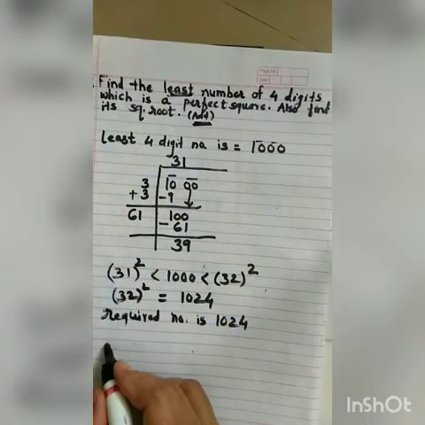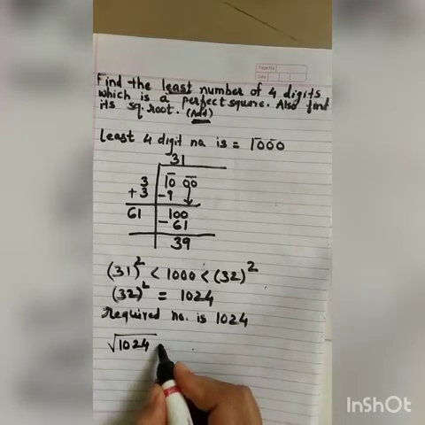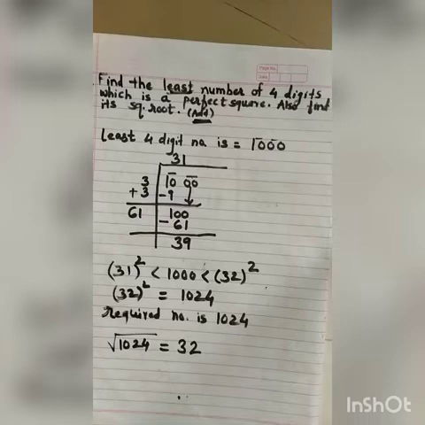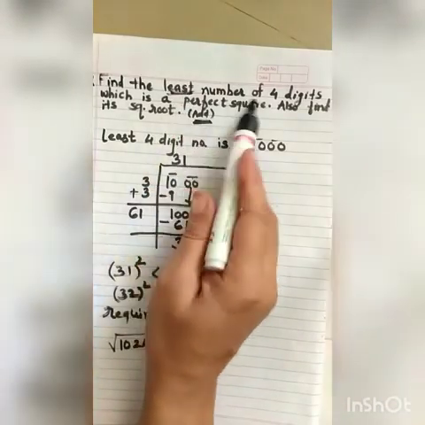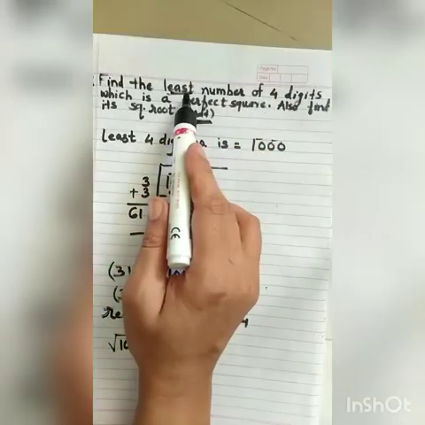Now again there is a question after it, that also find its square root. So you know that the square root of 1024 is equal to 32. So students, as you see this example, you must have thought that we have seen it earlier. Only the difference is of language. The sum which is asked is in a different style.